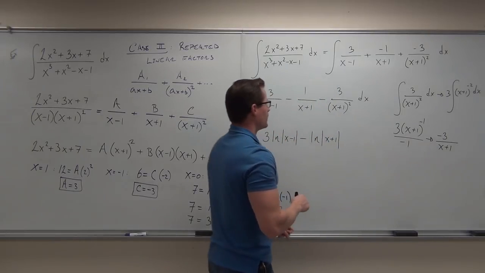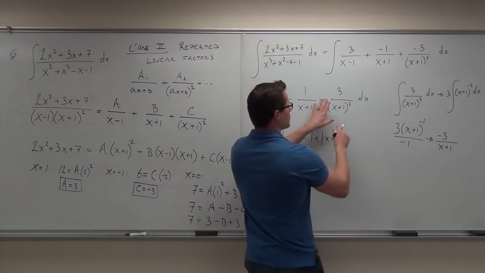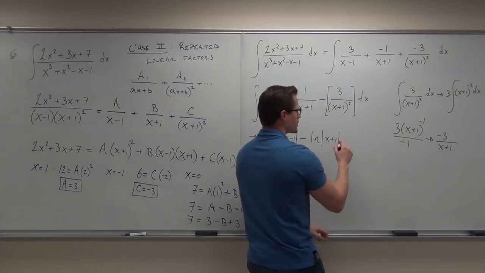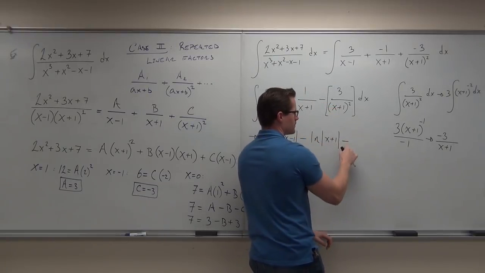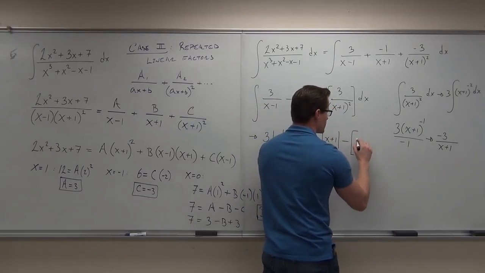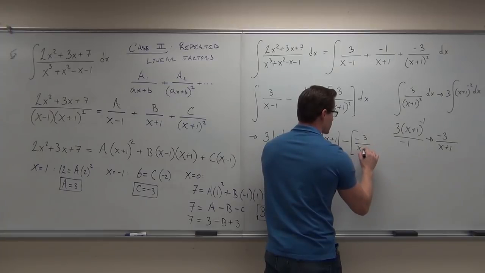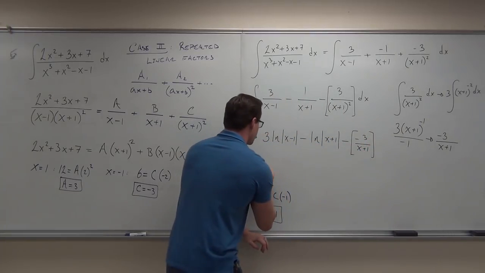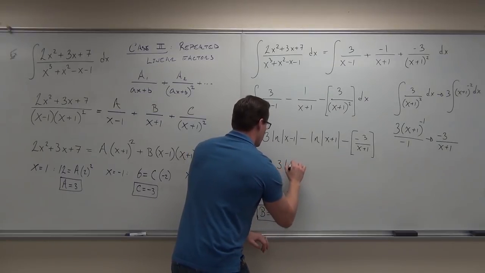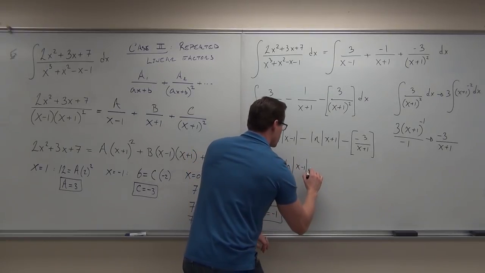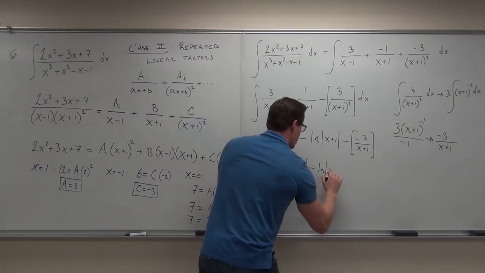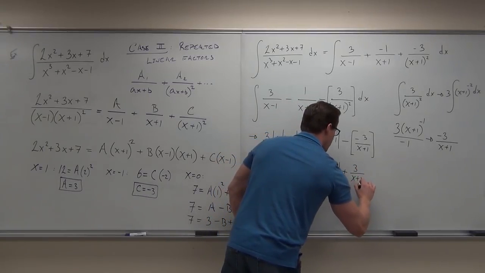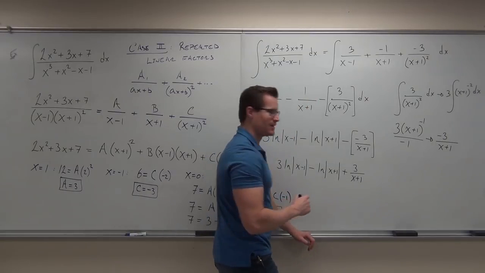Okay, so notice how we took this piece away. So I have minus that piece, -3 over x plus 1. Clean it up just a little bit. We'll have 3 ln absolute value x minus 1 minus ln absolute value x plus 1 plus 3 over x plus 1.